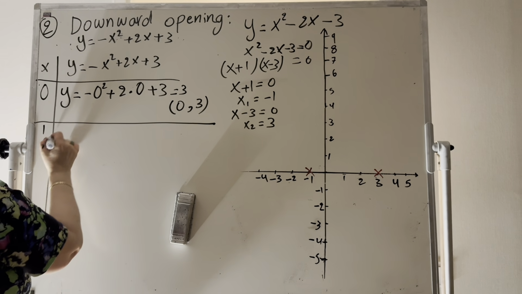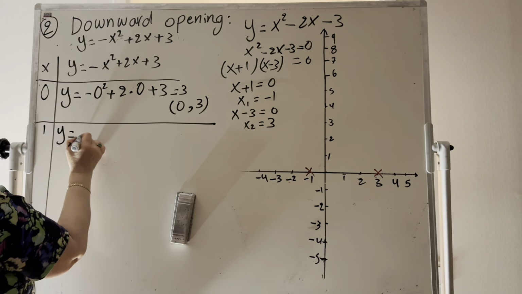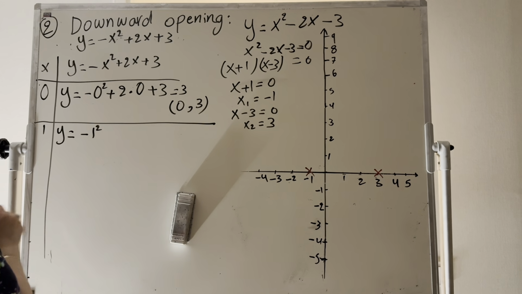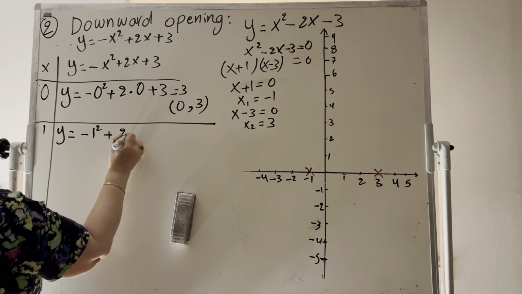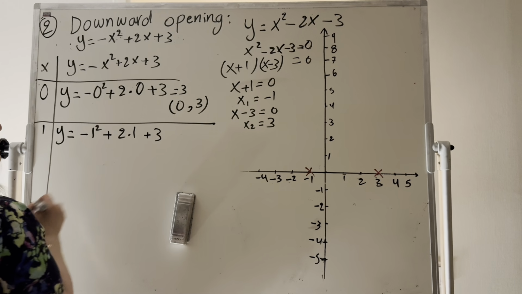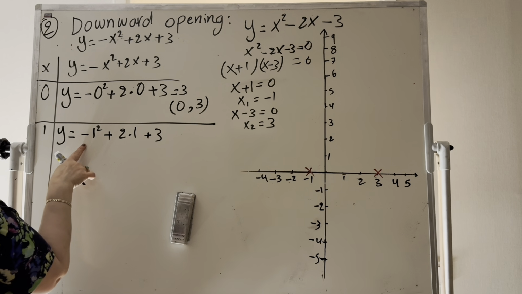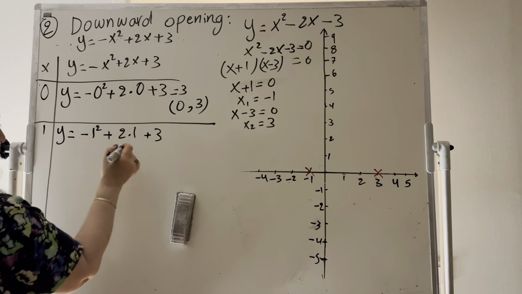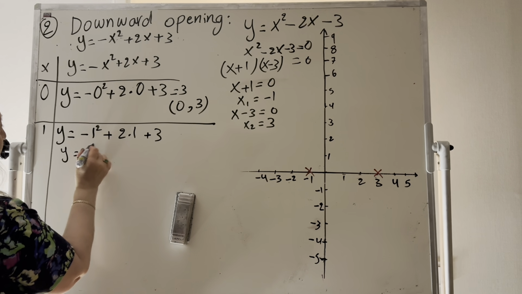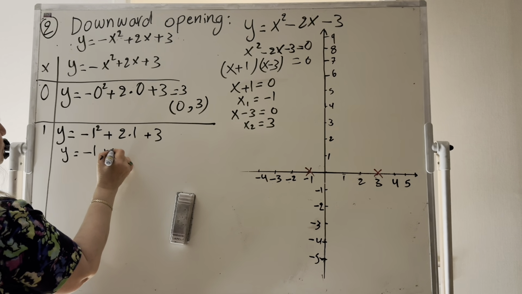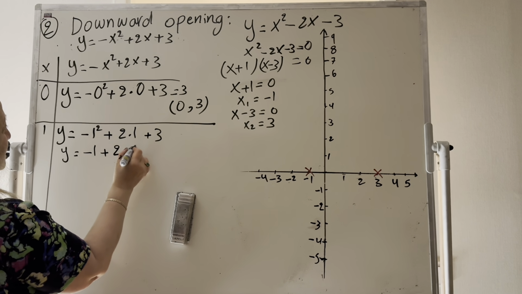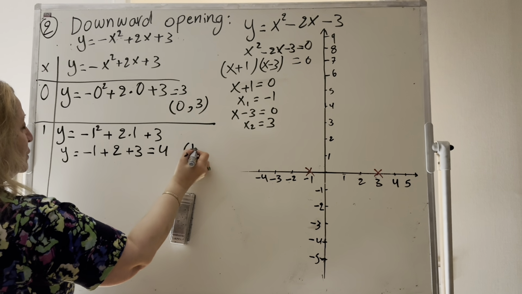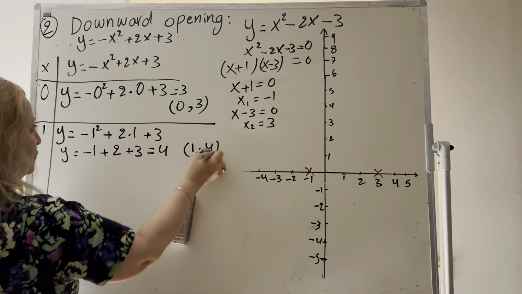And when x equals 1, y equals minus 1 squared plus 2 by 1 plus 3, so y equals minus 1 plus 2 plus 3 equals 4. Then when x equals 1, y equals 4.